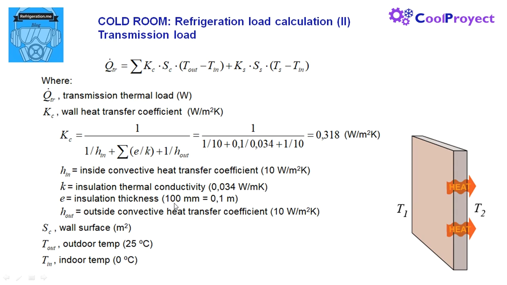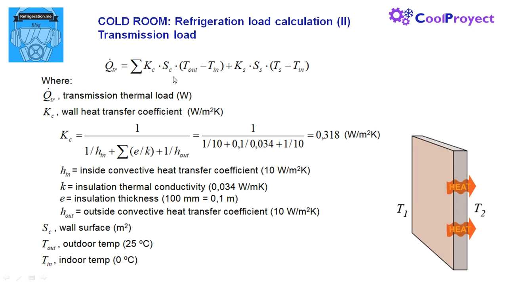In this case it is 100 millimeters. We have to use this dimension in the international unit system, so it is in meters. This is the wall surface, and we have outdoor temperature 25 degrees and indoor temperature 0 degrees.